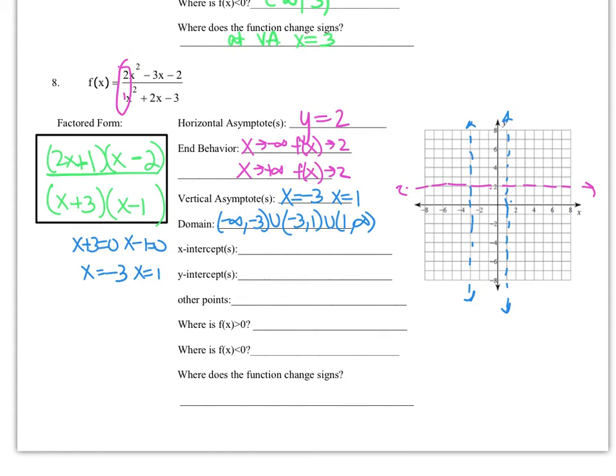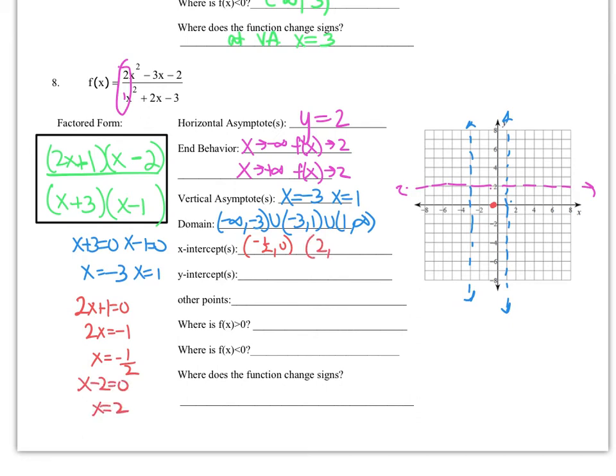X-intercepts come from setting your numerator equal to 0. So 2x plus 1 equal to 0. If you solve that, you get an x-intercept of negative 1/2 comma 0, which is right there. And then your other one comes from x minus 2 equal to 0.